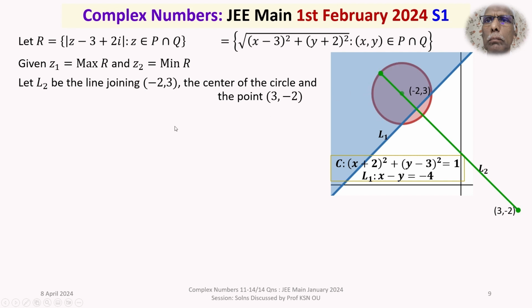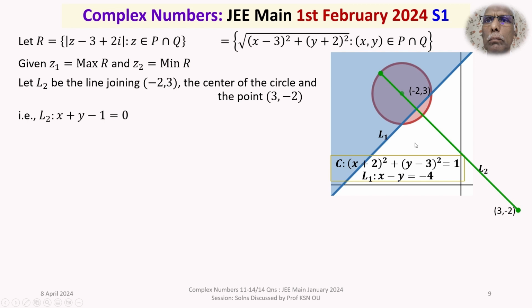Now, what will be the maximum? What will be the maximum distance? The maximum distance is this one. So the maximum is attained at this point. So that is L2.